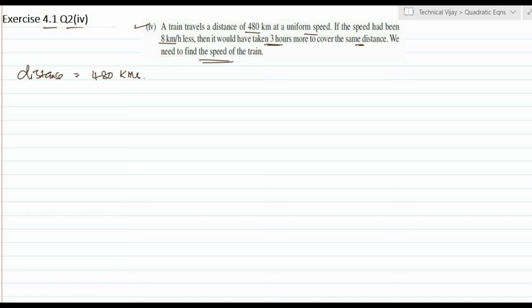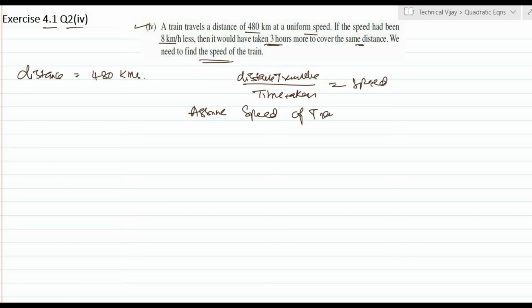So now here we know that the distance traveled by time taken is equal to speed. This we know the formula. So now we will assume the uniform speed of a train is equal to x kilometer per hour. This we have assumed here. So now here how much time it will take, first we will see.